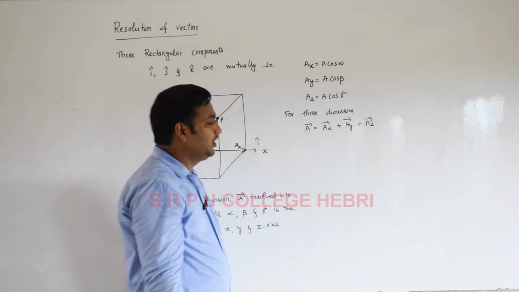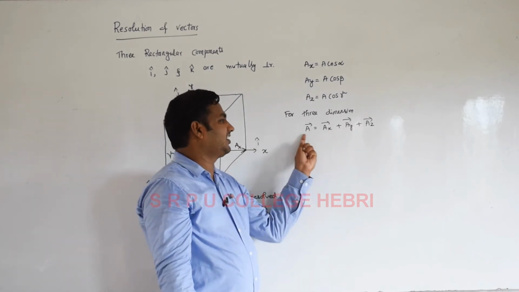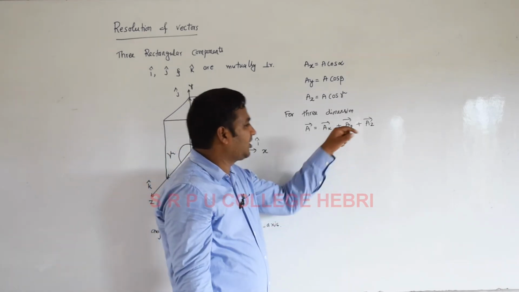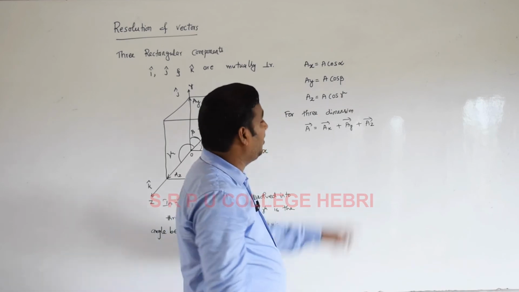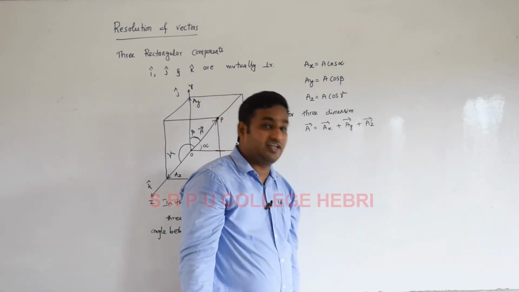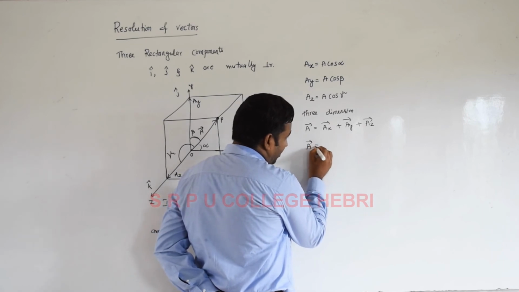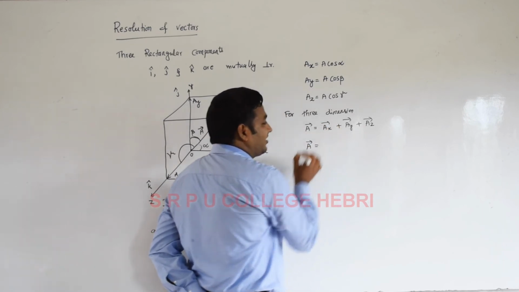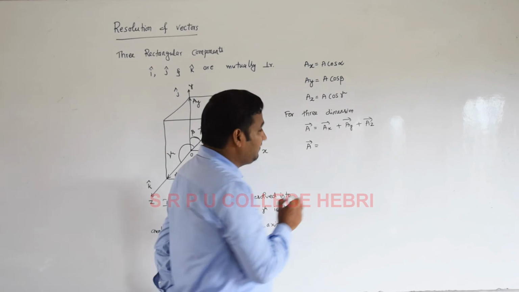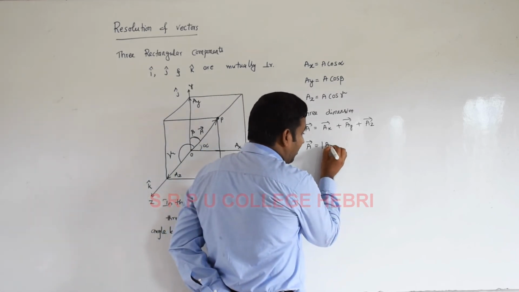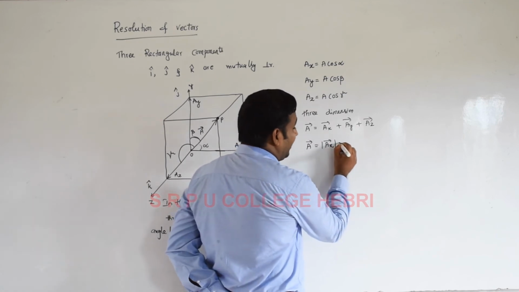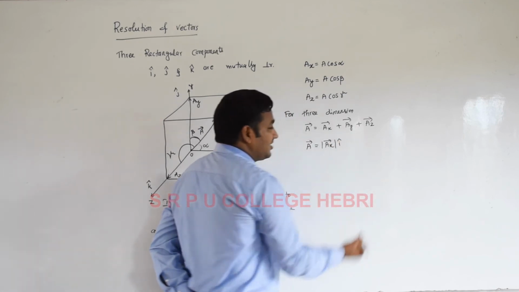That is nothing but the component of vector A along the x-axis, along the y-axis, along the z-axis. That becomes vector A is equal to, in place of vector ax, I will take the magnitude of ax vector, again I get only a value. Then you have to take a direction for that. What is the direction?